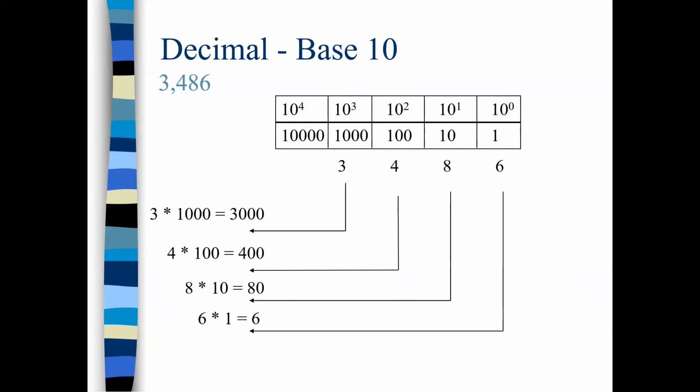I have 6 ones, I have 8 tens, I have 4 100s, and 3 1000s. But if I did the math, multiplying it all out, I would be able to add it up in the end and see that that number equals 3,486. Right? Because I'm just representing it using a decimal numbering system.